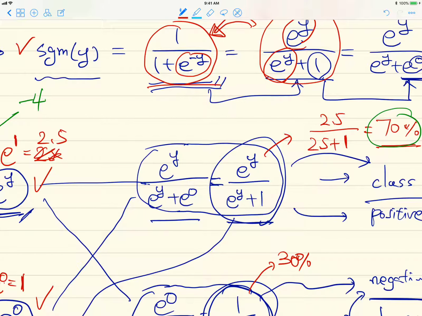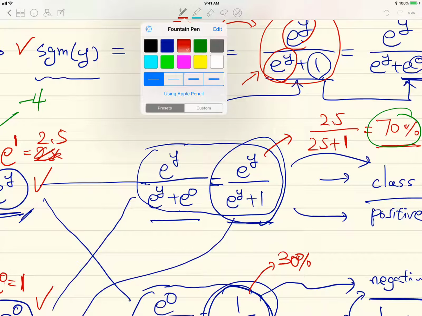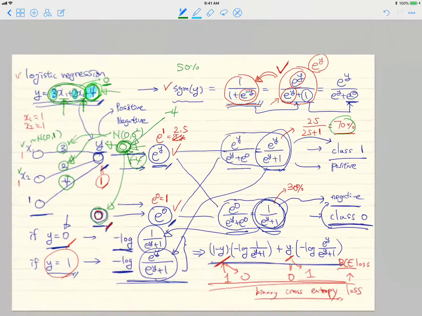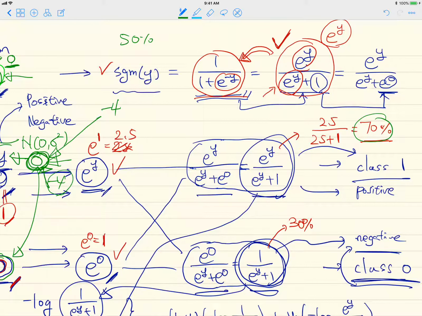Although in this particular case, we can also avoid this redundant computation in this manner. Maybe we just compute e to the power of y once and assign it as w, and then compute w over w plus 1.